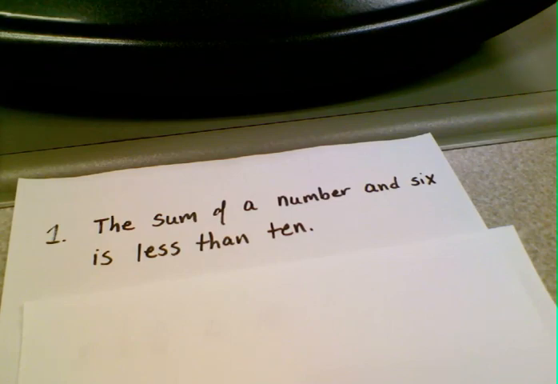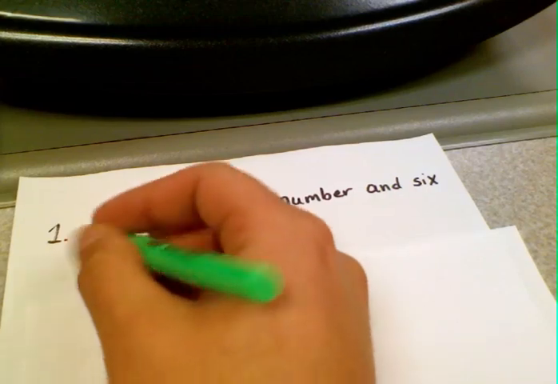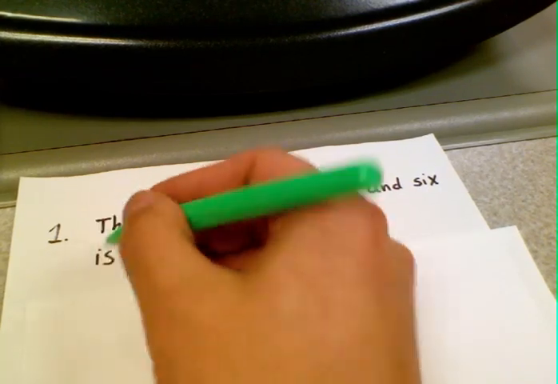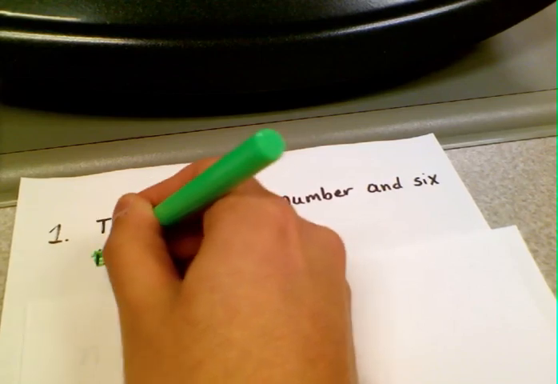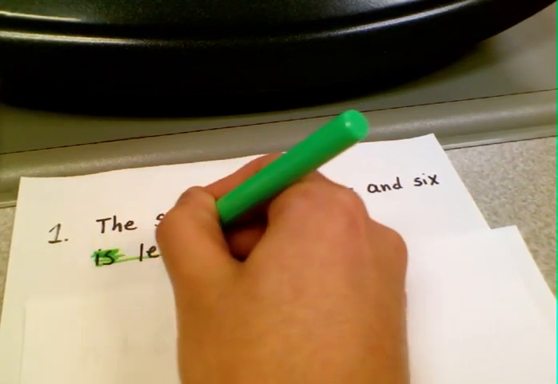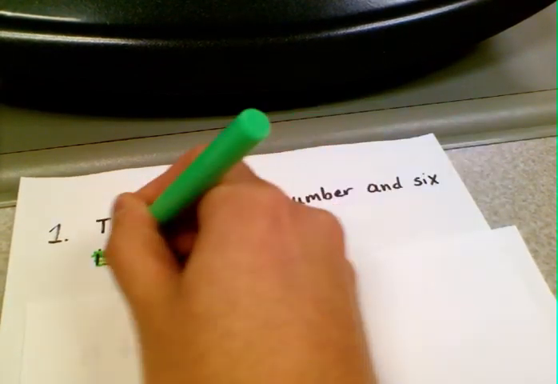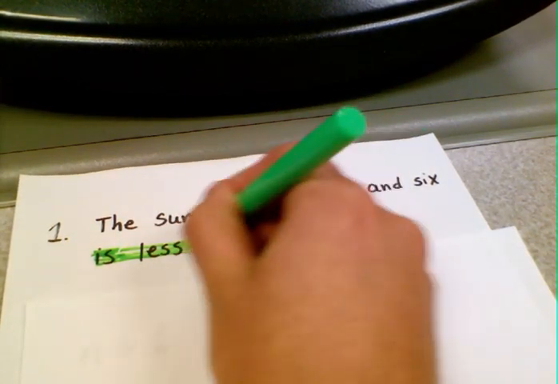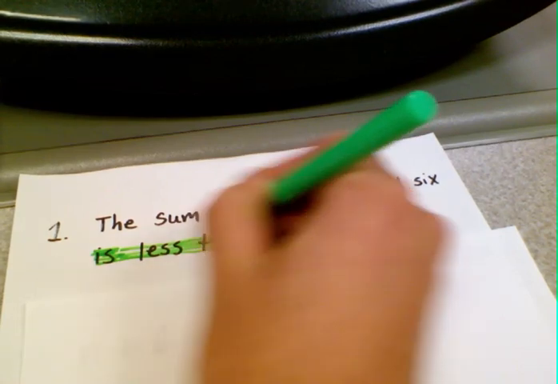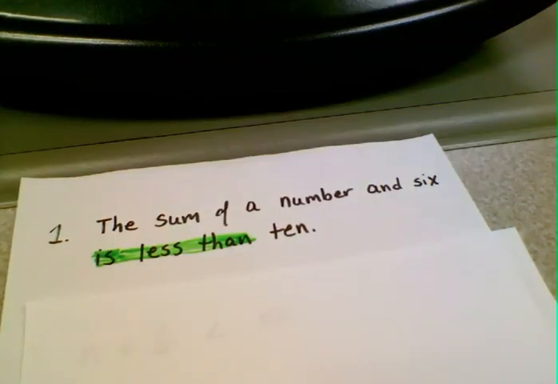I see the difference with the inequalities as opposed to the equations. I still have the word is, but after the word is, I see less than. So I'm going to highlight is less than here, and that tells me now that I am dealing with an inequality. Rather than just the word is, it says is less than.